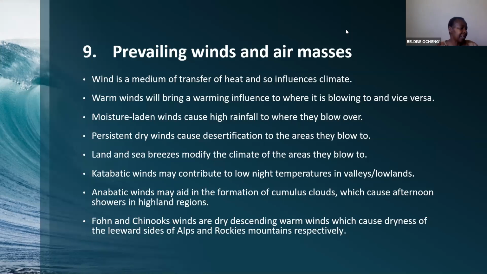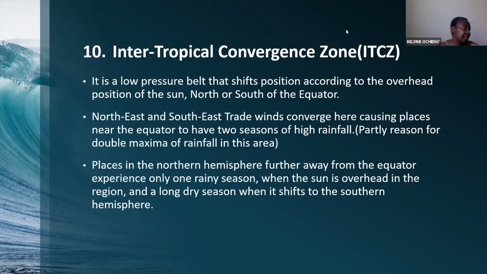The common ones that we've always heard of, the Foehn, the Chinook, are dry, descending, warm winds which cause dryness of the leeward sides of the Alps and Rocky Mountains respectively. So all that is about air masses and winds.